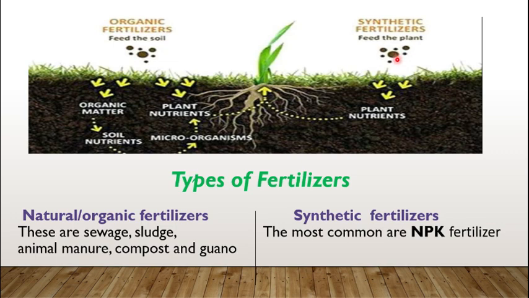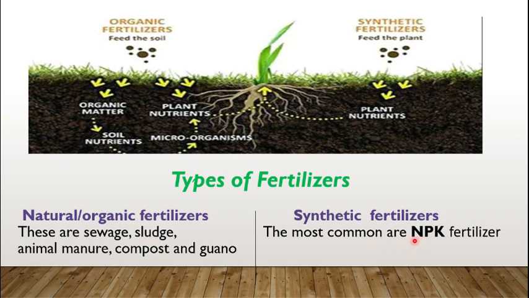Synthetic fertilizers provide the specific element or mineral or nutrient to the plant, which is absorbed or taken up by the plants, and it helps the better growth of the plant. What are the synthetic fertilizers? There are many examples of the synthetic fertilizer, but NPK fertilizer is the most important one.